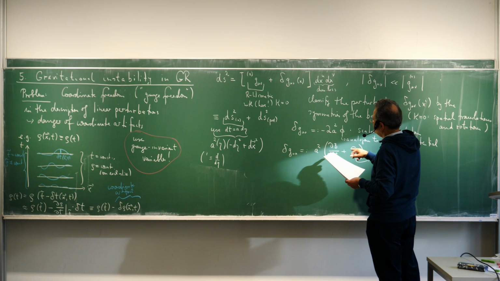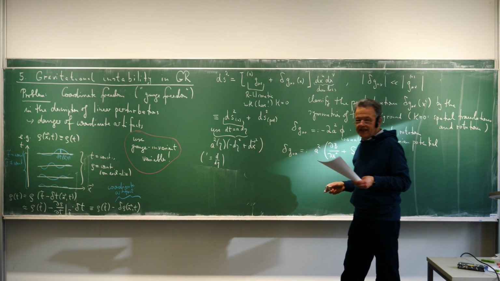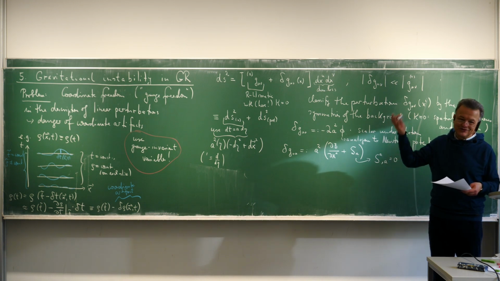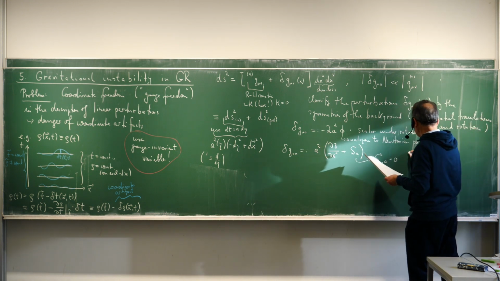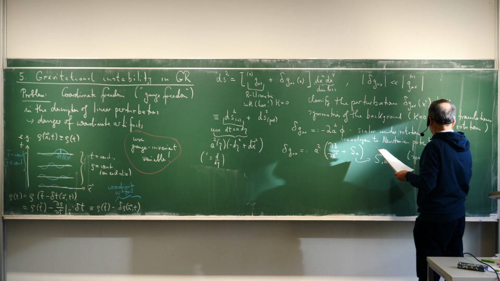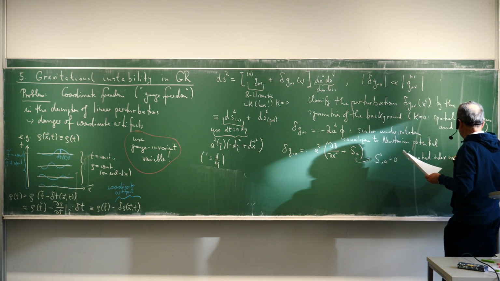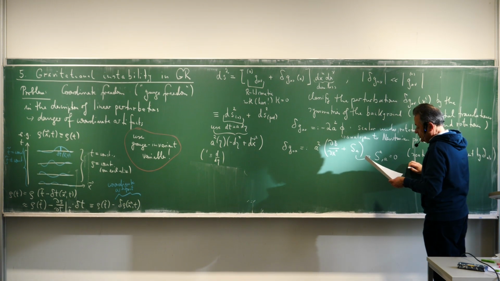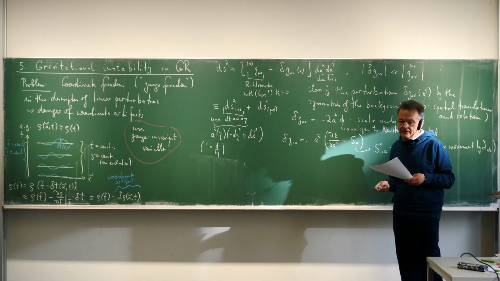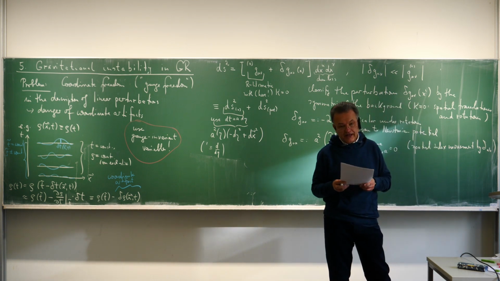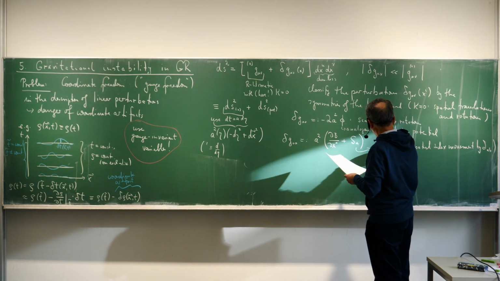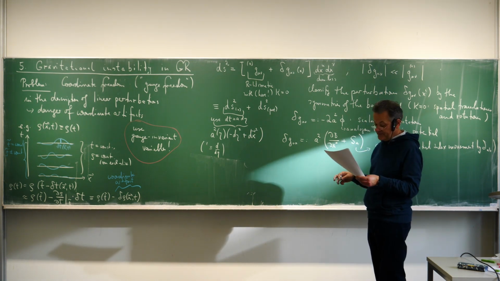Because these are spatial indices and because the spatial metric is flat, spatial index movement is done by delta ab, or its inverse. So that corresponds to what you know from calculus as a decomposition of a vector field into its curl-free and divergence-free parts. So this is divergence-free, and this here is curl-free.